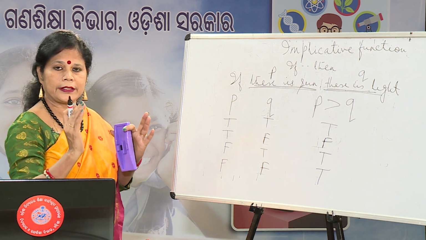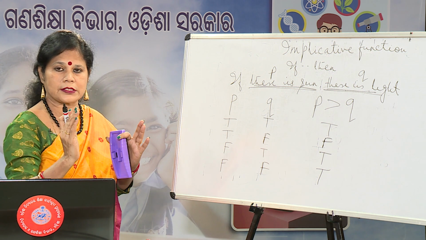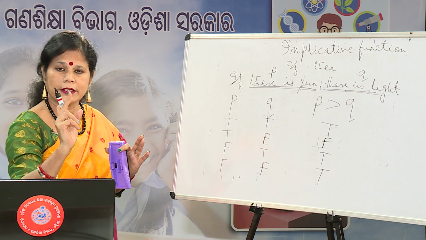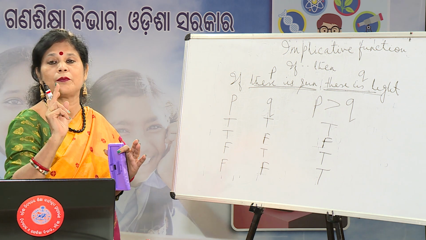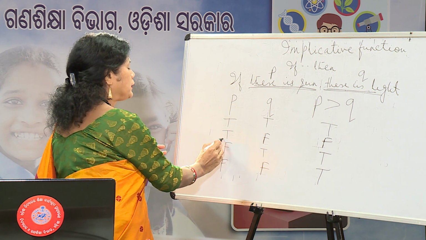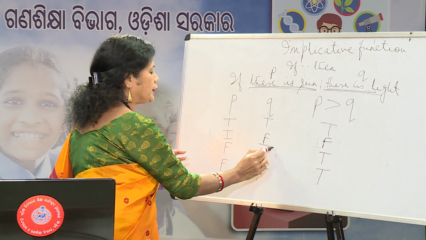So implicative function is false only under one condition. The implicative function is false only under one condition; otherwise it is true. When is it false? When antecedent is true and consequent is false.